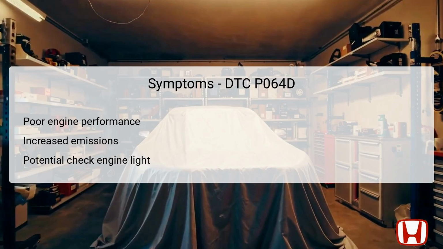If the air-fuel mixture is not optimized due to sensor issues, it can lead to higher emissions, potentially causing the vehicle to fail an emissions test. A check engine light, CEL, will also likely be triggered due to this DTC, alerting the driver to a malfunction that needs attention. If left unresolved, these symptoms can escalate into more severe engine problems, so addressing them promptly is essential.